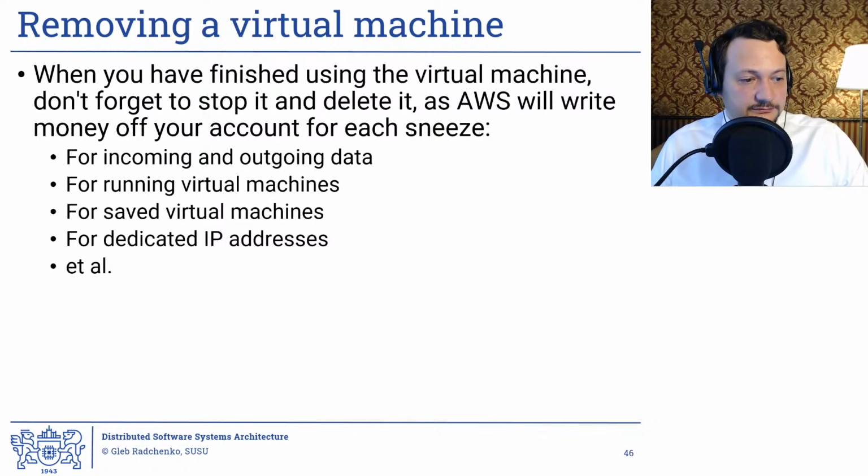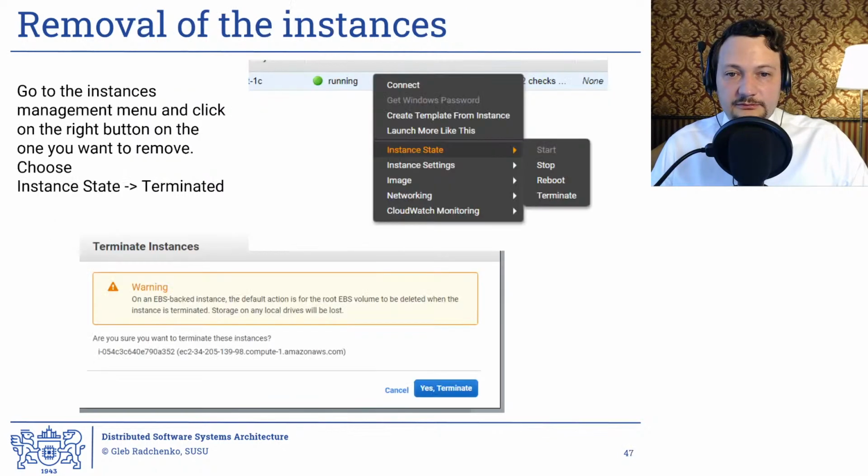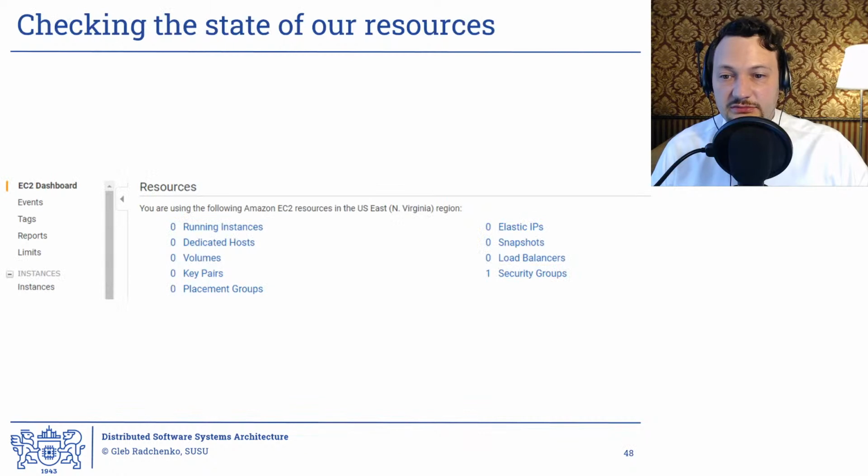So yes, here you would see the instructions for how to terminate your virtual machines. And after you terminated your virtual machine, you need to go and test that everything is terminated and you have no resources that you need to pay for at the end of the month. And if you have any resources, then Amazon Web Services would be glad to take your money for all the resources that you spend.